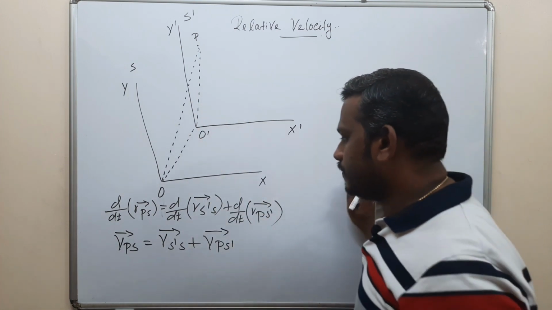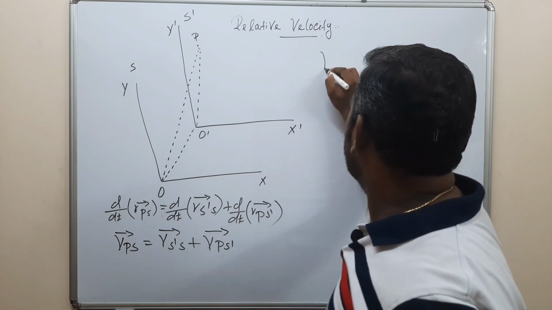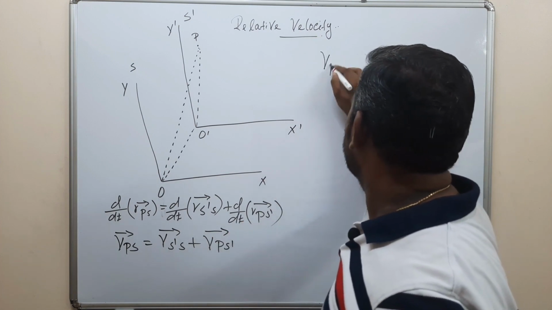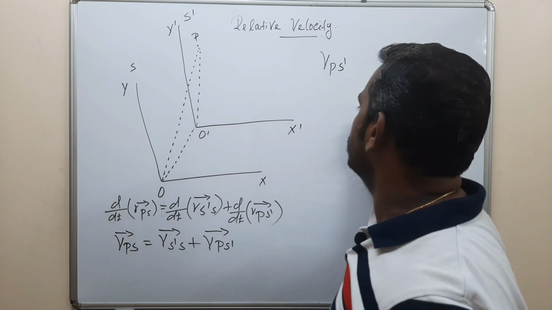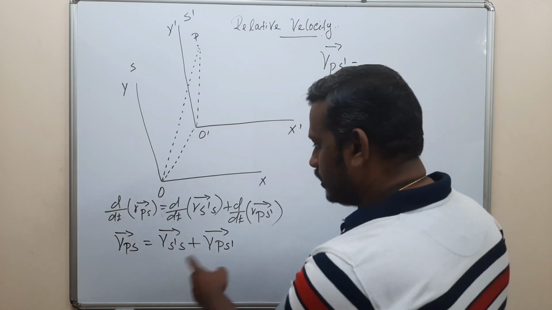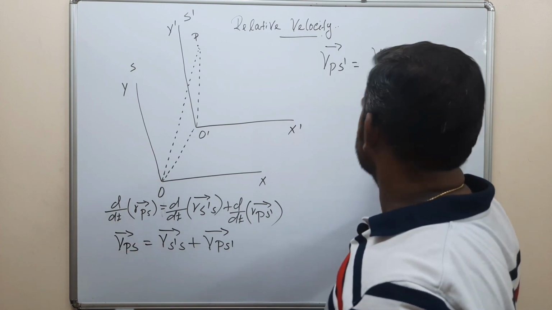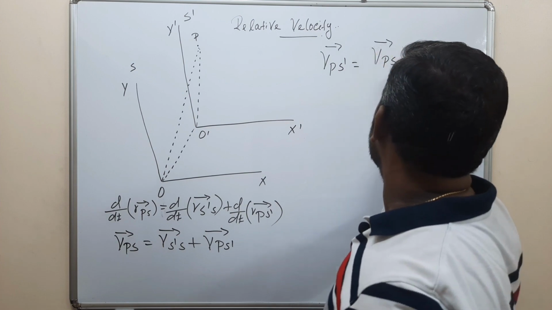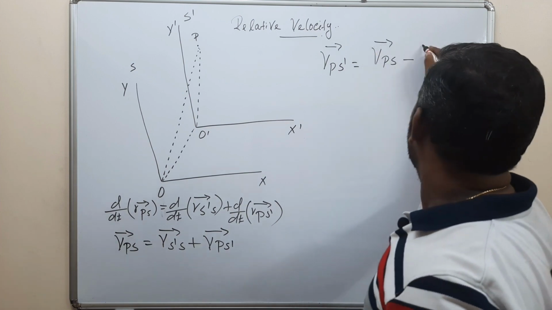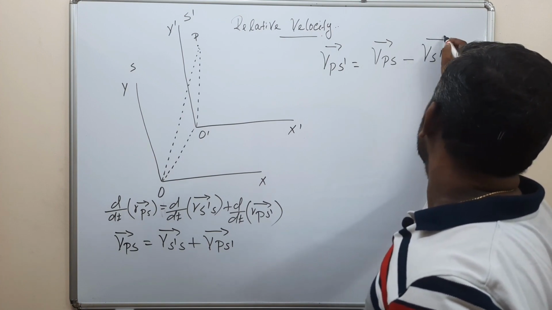So from this I am writing v_ps' vector is equal to v_ps vector minus v_f's vector.